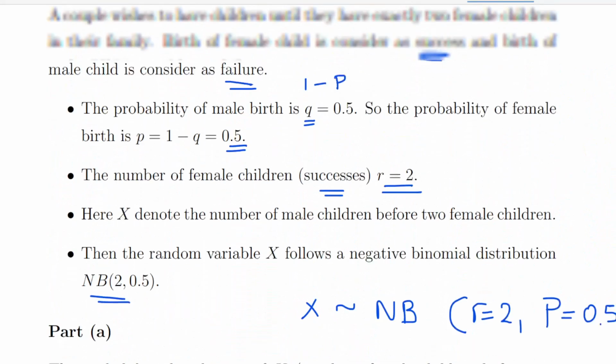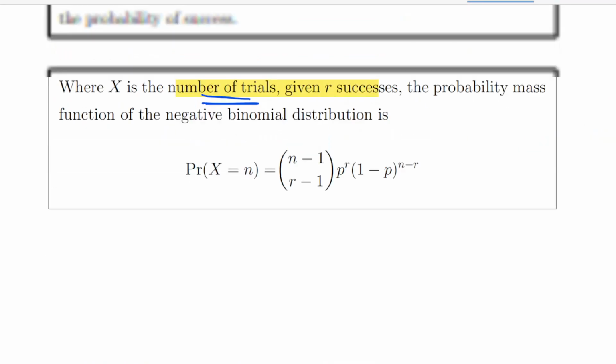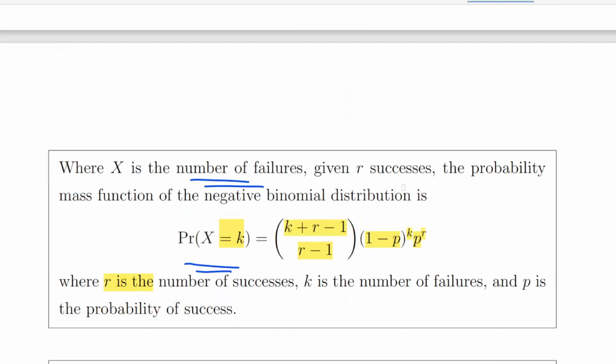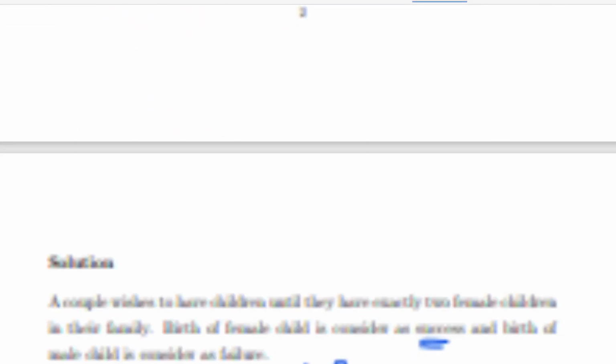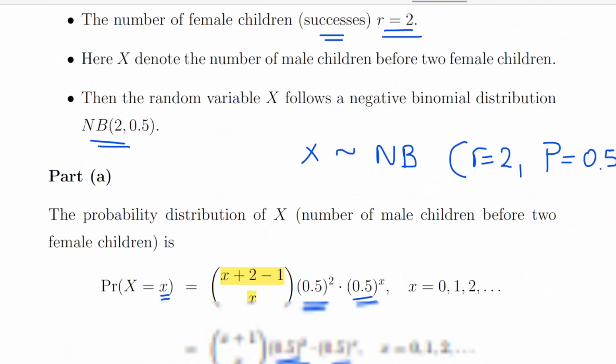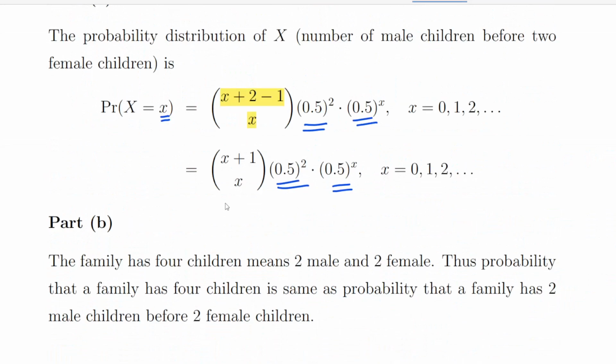The way I have it stated there is equivalent to the way I have it stated up here, but you just rework it. There's a lot of work you should do with binomial coefficients, and really you should do them before you get started with this. Actually, just really practice with them and so on. So that's essentially a very straightforward version of the probability distribution of x, the number of male children before there are 2 female children.